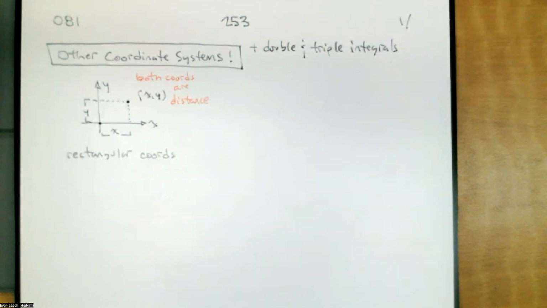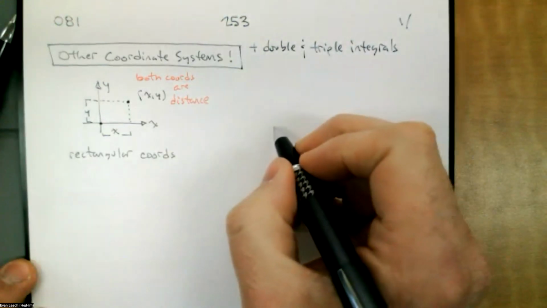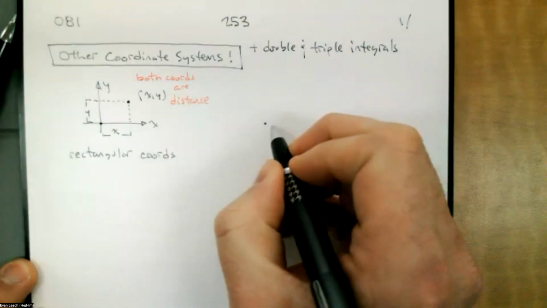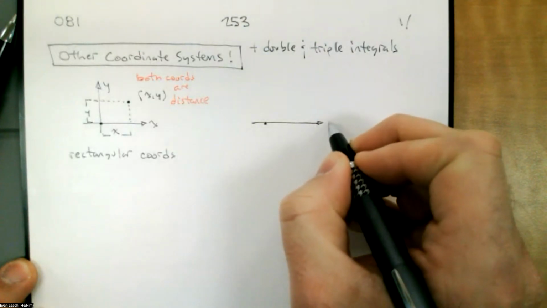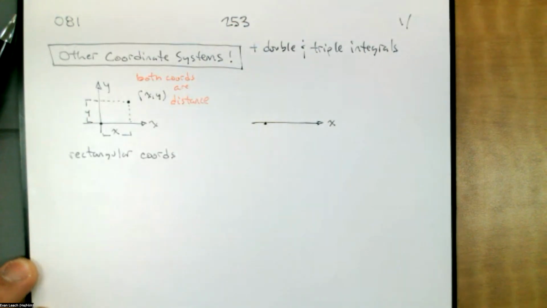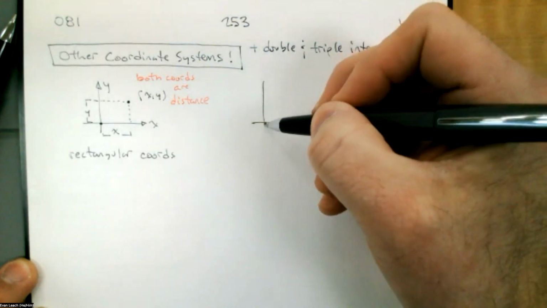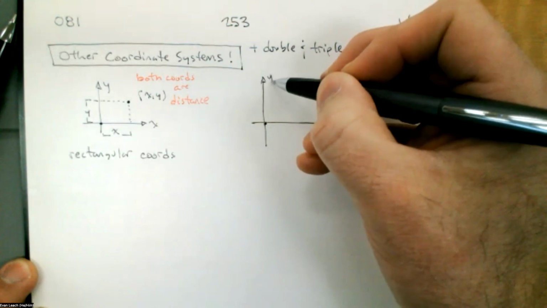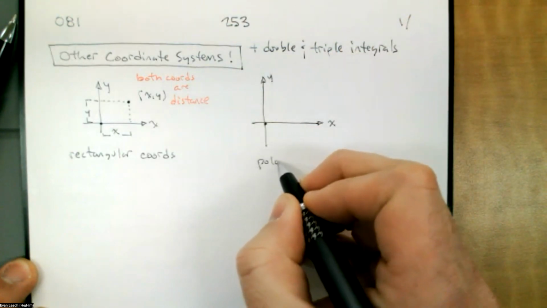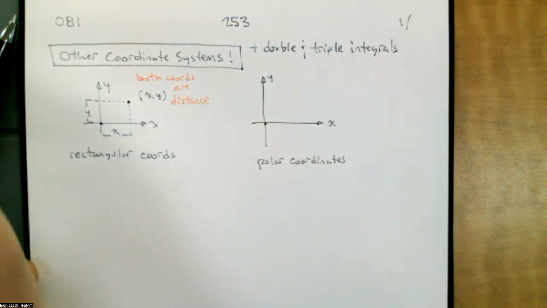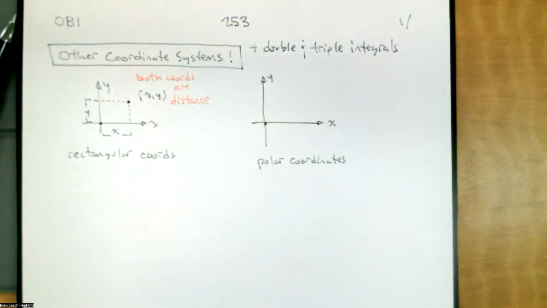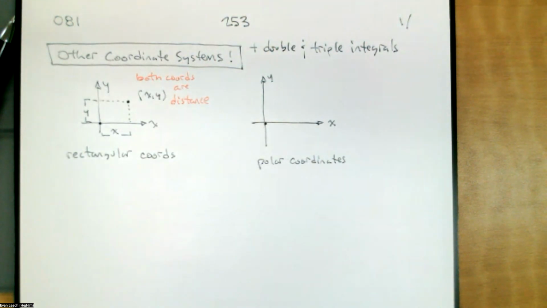The other way we can describe every point in R2 is with polar coordinates.